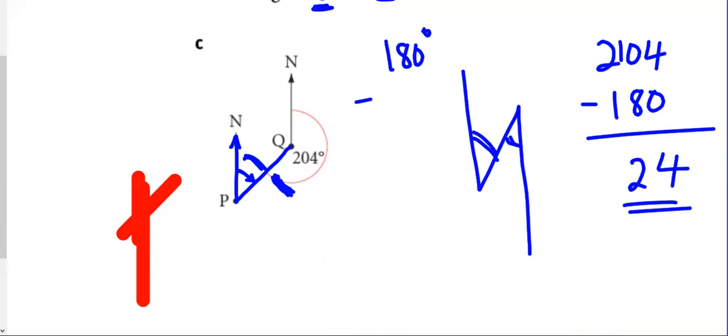Let me take my lines back. Now this portion equals this portion. So the bearing is 24 degrees.